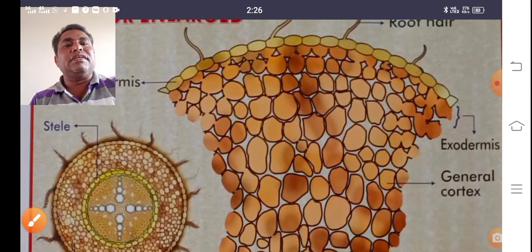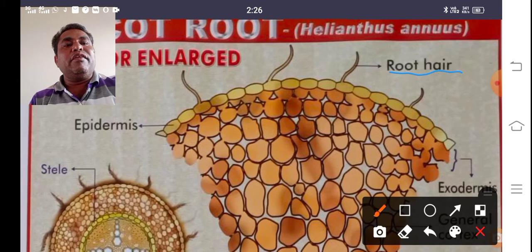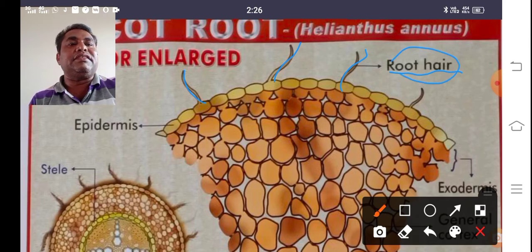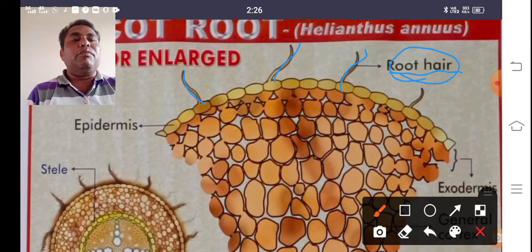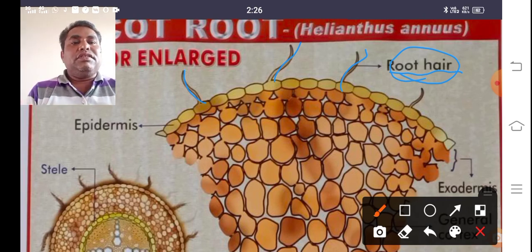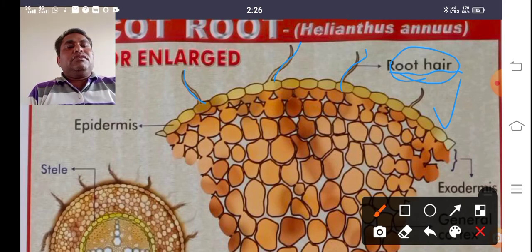Some of the epidermal cells are responsible for the development of hair-like projections called root hairs. The important function of root hairs is the absorption of water and minerals from the ground. So this is the epidermis, the outermost layer, composed of uniseriate multicellular, thin-walled, rectangular cells. Next, let us go to the cortex.